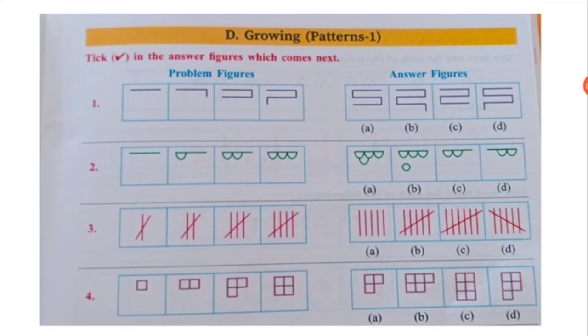If you look here, we can see a first line, then in the second picture the line is going down, and in the third picture again the sleeping line is there, and in the fourth picture we can see again a small standing line. So if you see the pattern: line, sleeping line, then standing line, again sleeping line, then standing line.